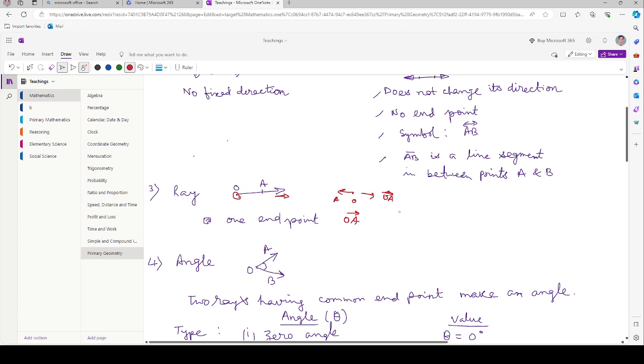But if this is like that, then it can be symbolized as AO. Understand?